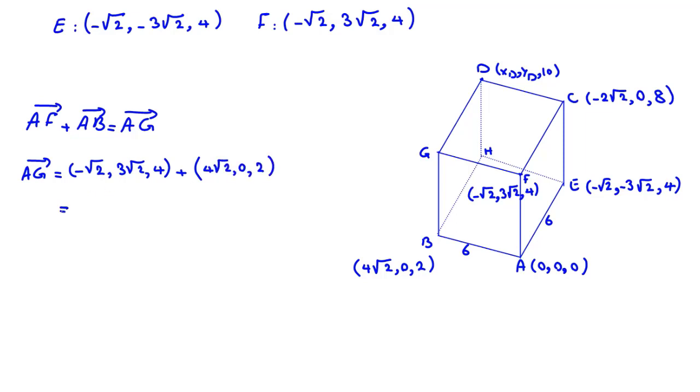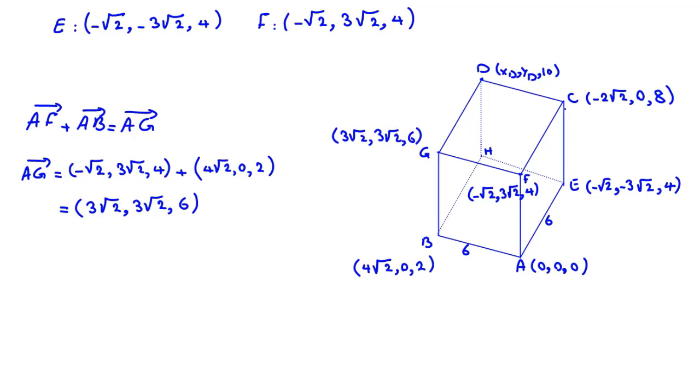Okay, 4 root 2 minus root 2 is 3 root 2. The next one, 3 root 2 plus 0 is 3 root 2. 4 plus 2 is 6. So we found G is 3 root 2, 3 root 2, and 6.